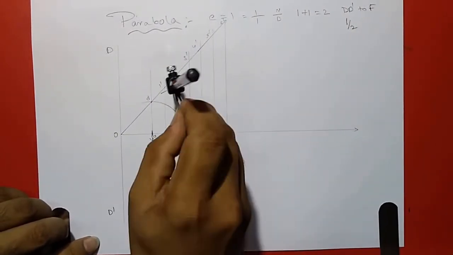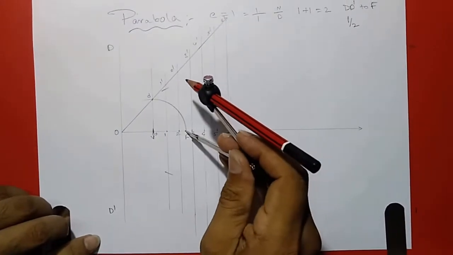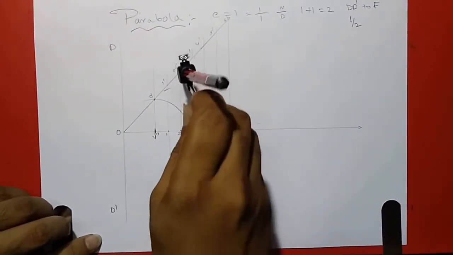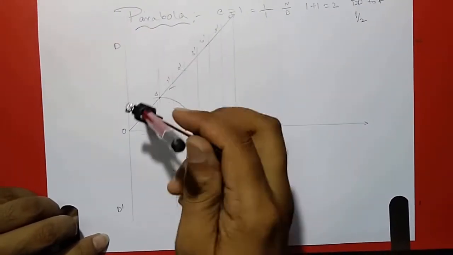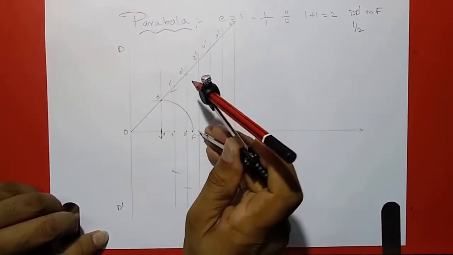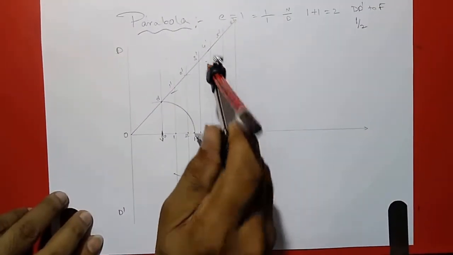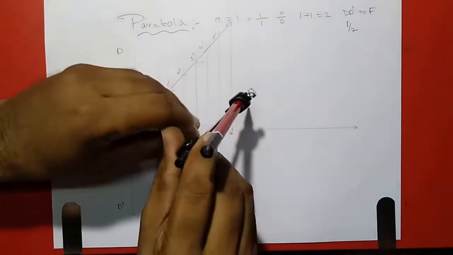Next I'll be measuring 2, 2 dash, with F as center, I'll be drawing an arc to the 2. Three, 3 dash, with F as center, an arc on 3.